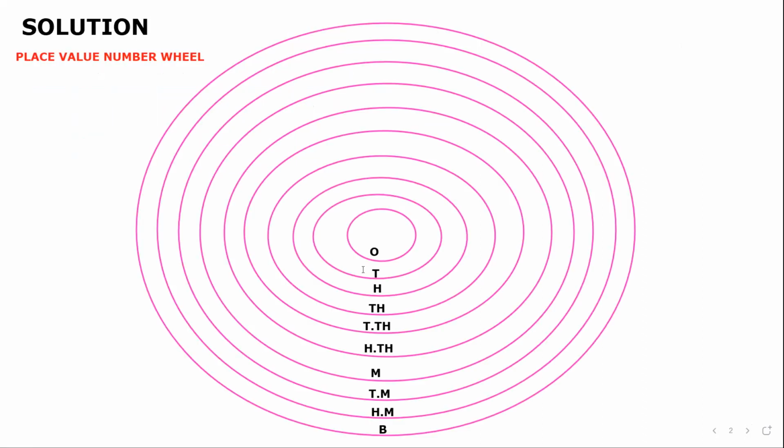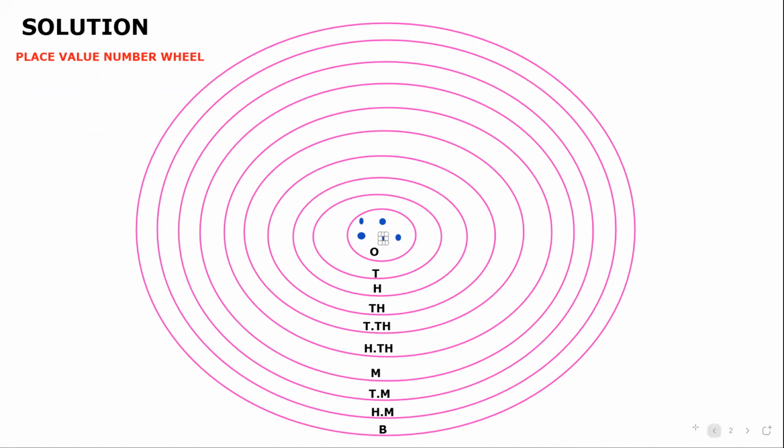So when you come to the wheel, the ones place, then you model 5. You model 5. So you have the 1, 2, 3, 4, 5. That is the 5 dots.